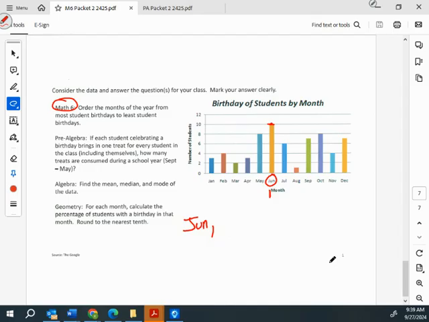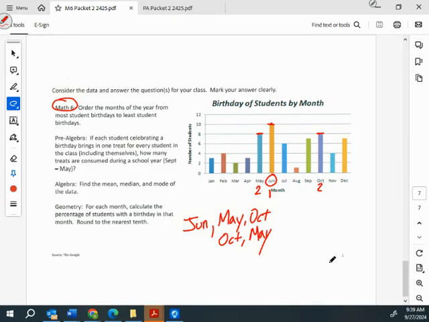But if I look at my number 2, the second highest, I see there's a tie. So they are tied for second place. If I'm writing them out, May and October, or October and May, they are tied. It doesn't matter which one you put first, which one you put second, because they're in the same place.